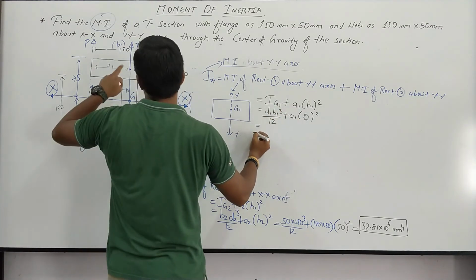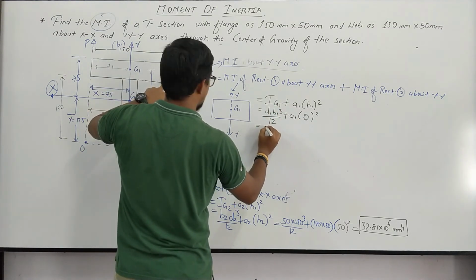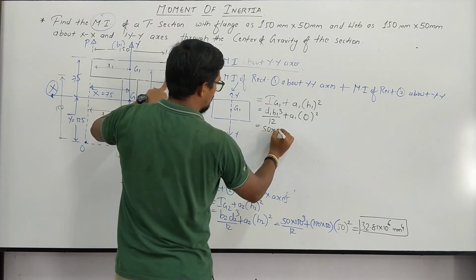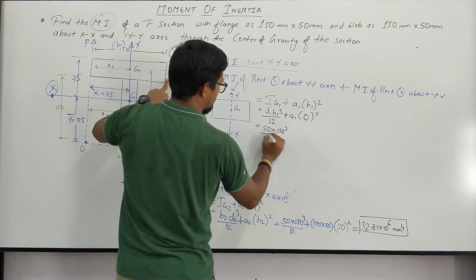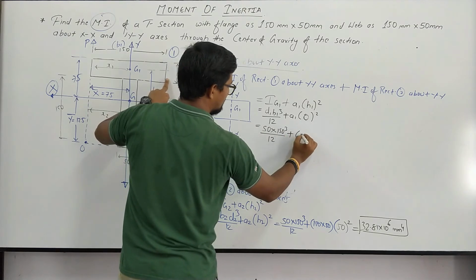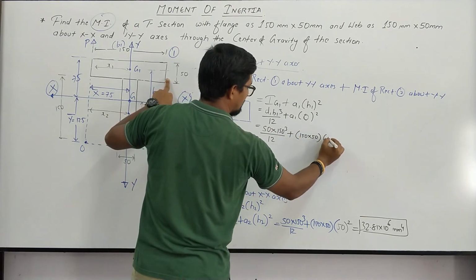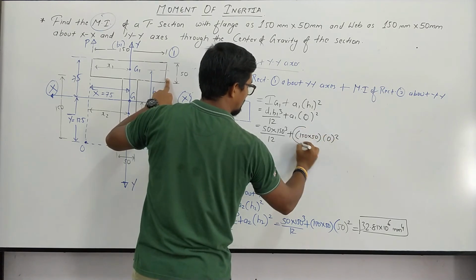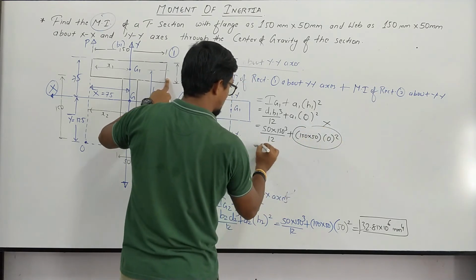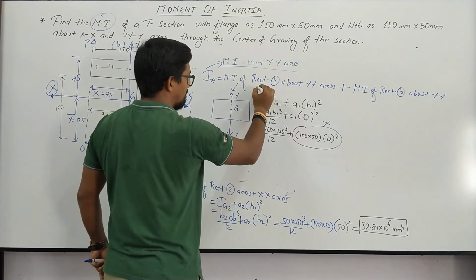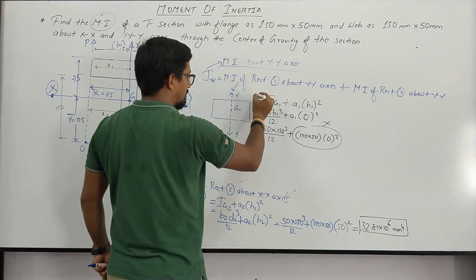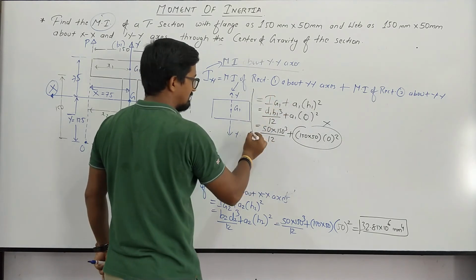So what is d1? d1 is 50, correct? 50 into 150 cube divided by 12, area is 150 into 50 and this is 0 square. So this term will get omitted and our moment of inertia of rectangle 1 about y axis will be this value.